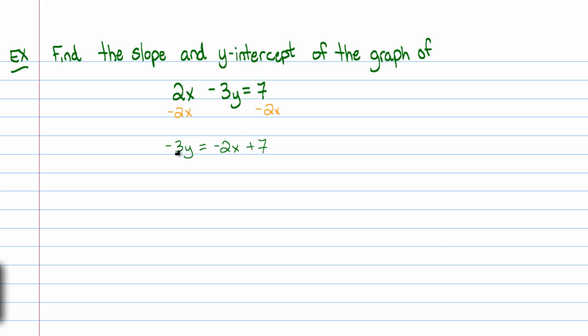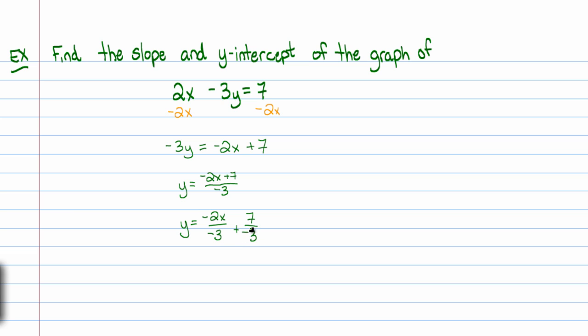Then the next step is to divide everything by a negative 3, so I can isolate y here. So y is going to be that negative 2x plus 7 all being divided by a negative 3. And at this point in this course, you should be able to see that that immediately becomes a negative 2x over a negative 3 plus 7 over a negative 3.